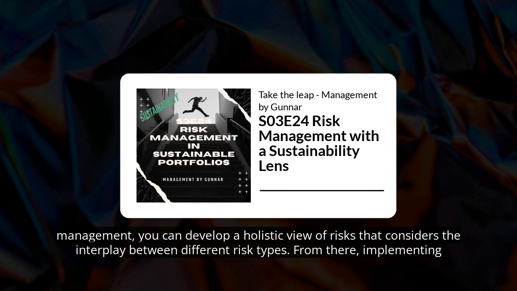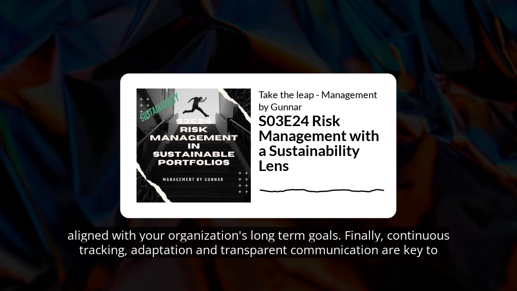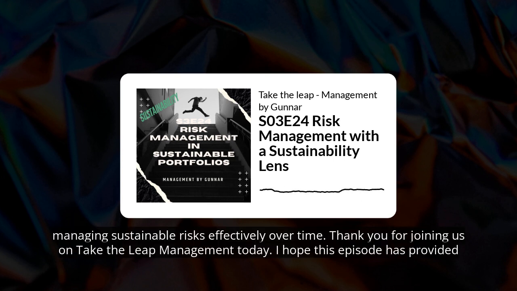From there, implementing mitigation strategies that prioritize sustainability, such as risk-sharing partnerships and eco-friendly practices, ensures that your projects stay aligned with your organization's long-term goals. Finally, continuous tracking, adaptation, and transparent communication are key to managing sustainable risks effectively over time.